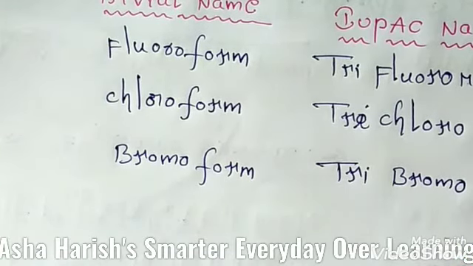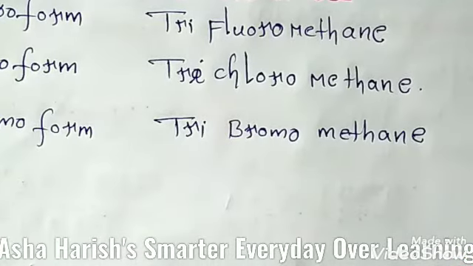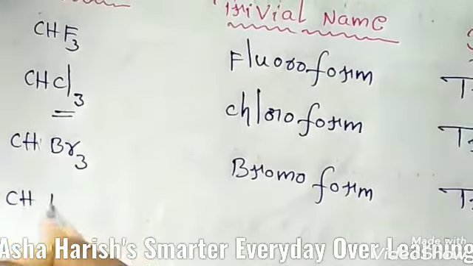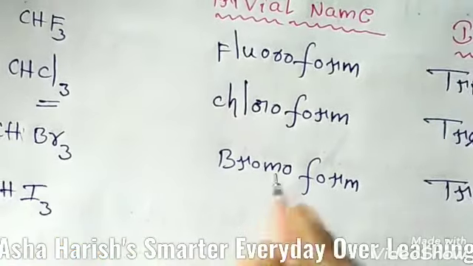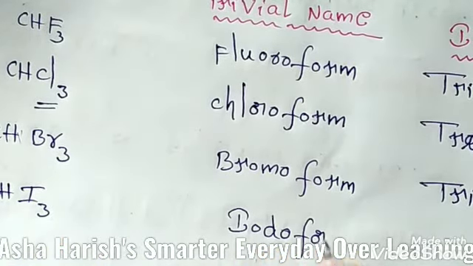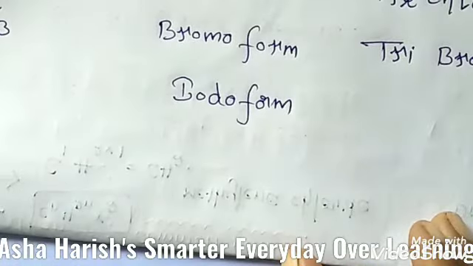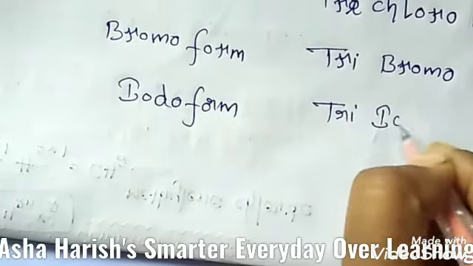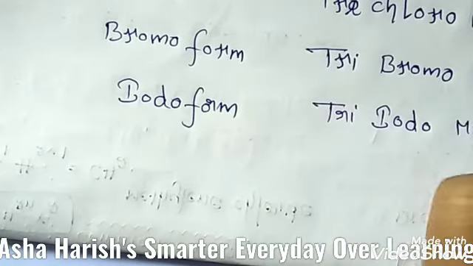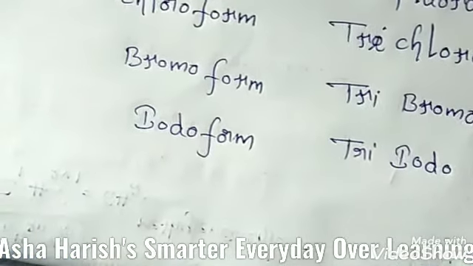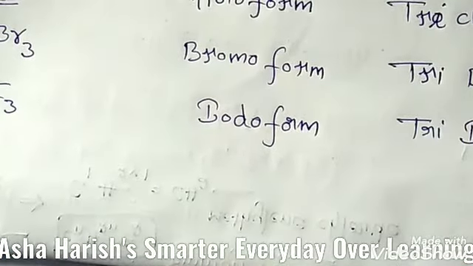Because only one carbon is present here. Okay, students, let's see iodine also the same, CHI3 here. This is iodoform. Right, iodoform. Then the name should be triiodomethane.